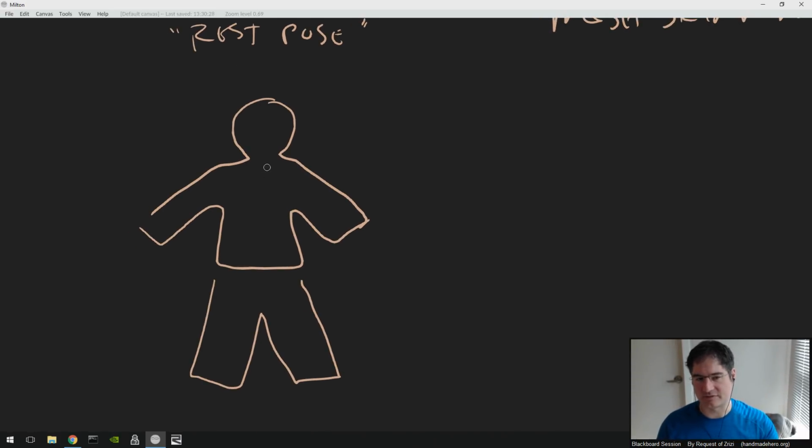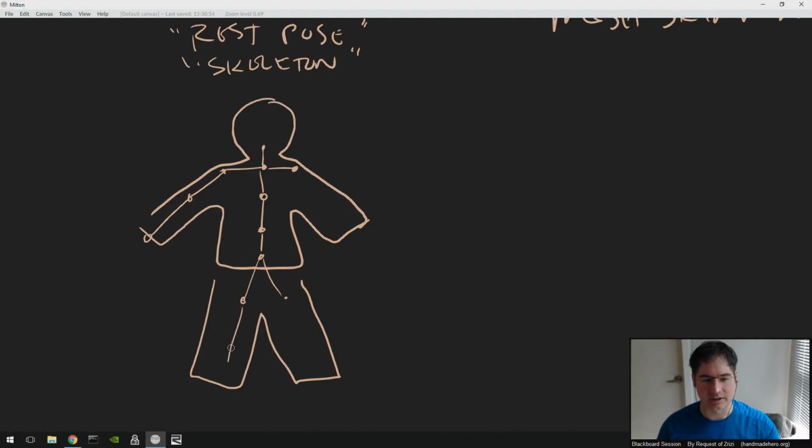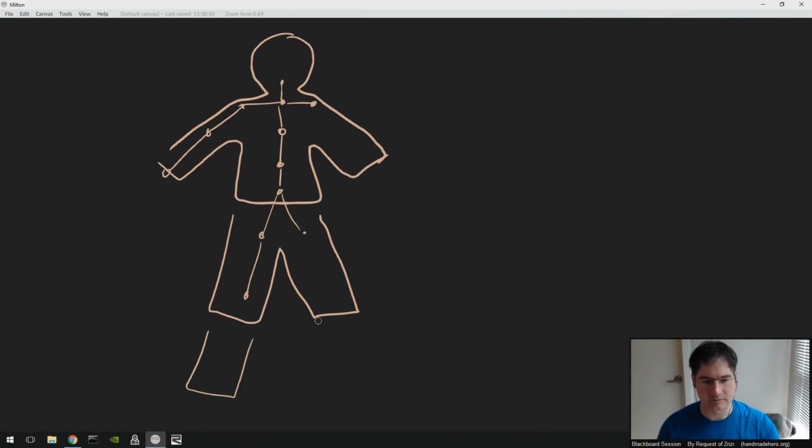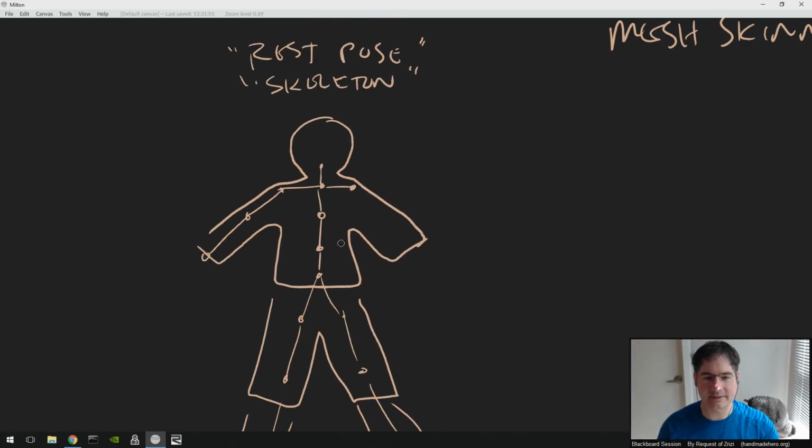Somebody models this in like 3D Studio or Maya or something, and they then create a skeleton, we call it. And that is nothing more than a series of transforms that line up with where you would typically put the bones or the joints of a human. This guy should have some longer legs, probably.